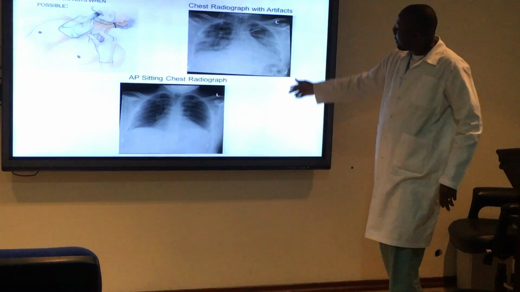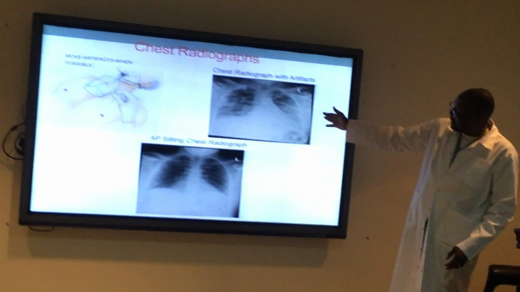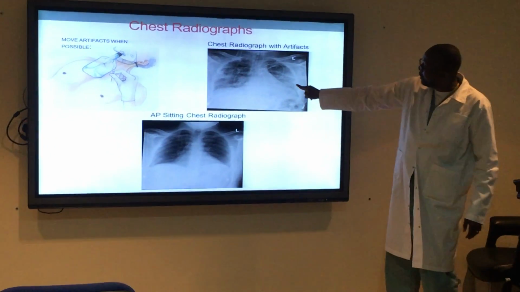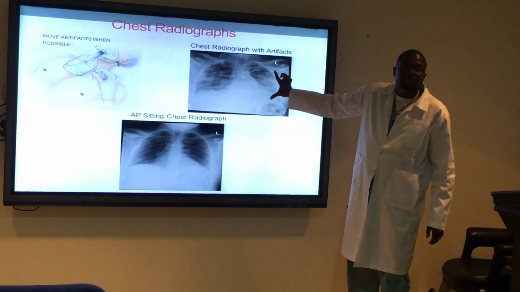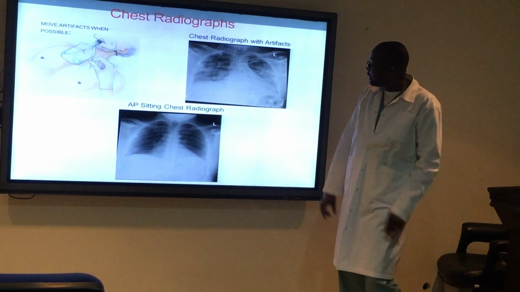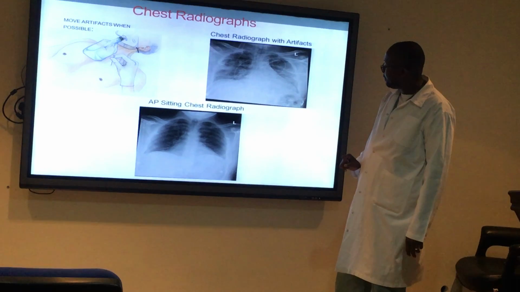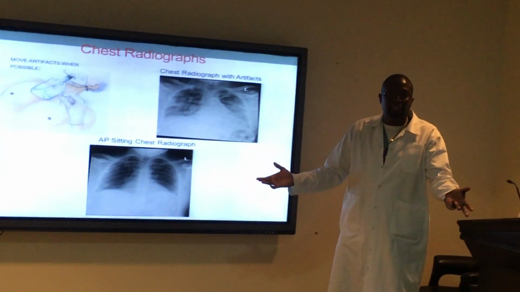Take a look at this X-ray. I can tell that it is done in a supine position. You see how the heart seems magnified, the lungs foreshortened. You cannot compare this to this. This is an AP sitting chest radiograph. It seems like it was done in the department.